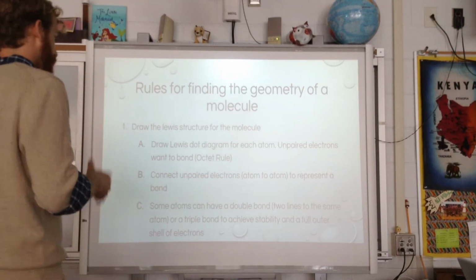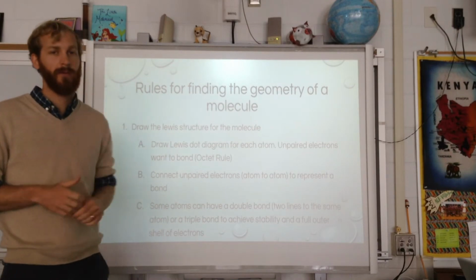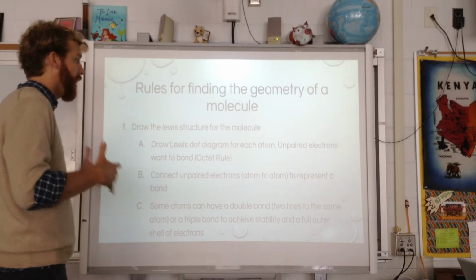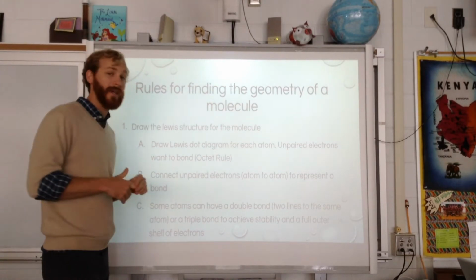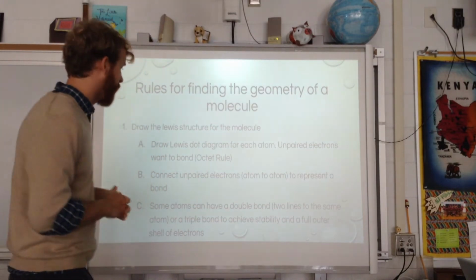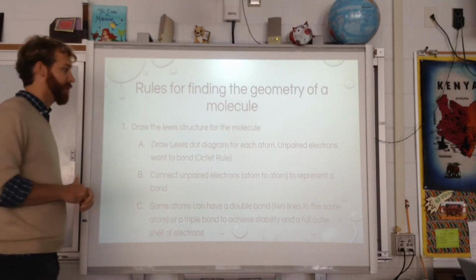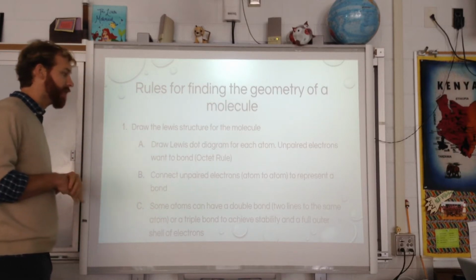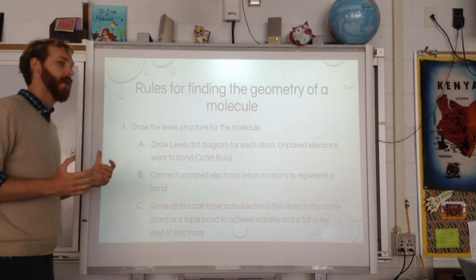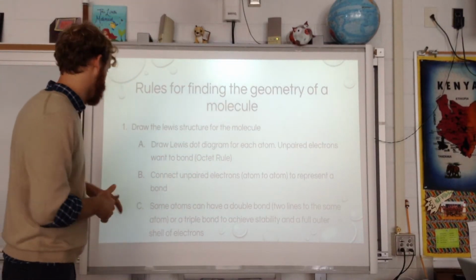Unpaired electrons in the atom are going to want to bond, because remember the octet rule: atoms want to have 8 electrons, and they're going to do whatever it takes to get 8 electrons to form a bond. So draw the Lewis dot diagram for each atom, connect the unpaired electrons to represent a bond, and then you're going to make everyone happy. Make everyone have 8 electrons.